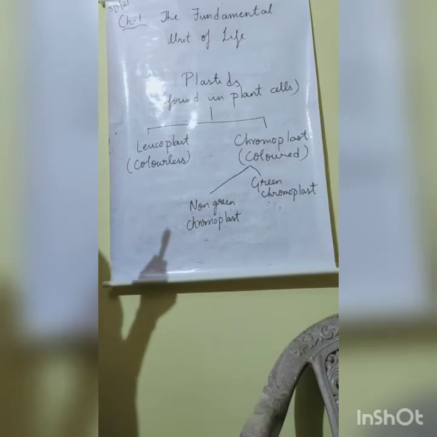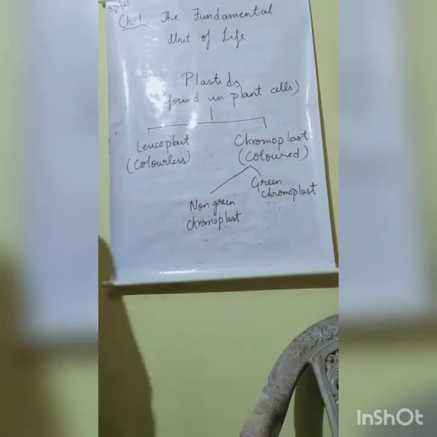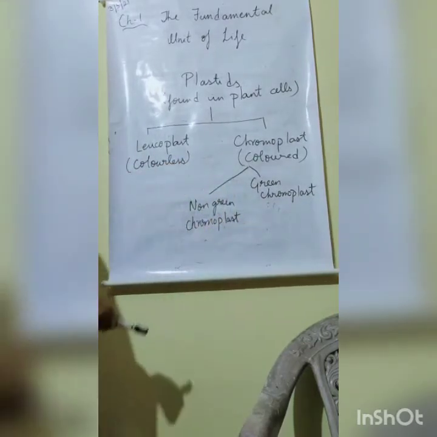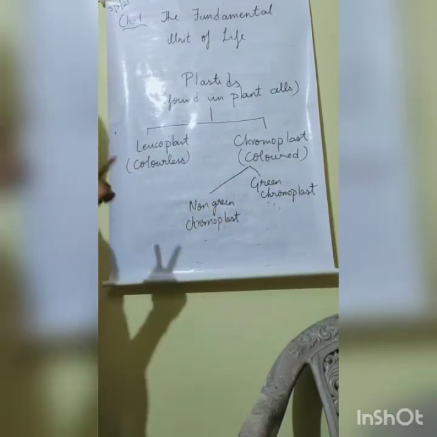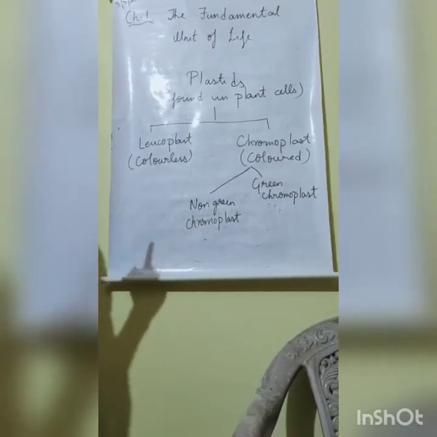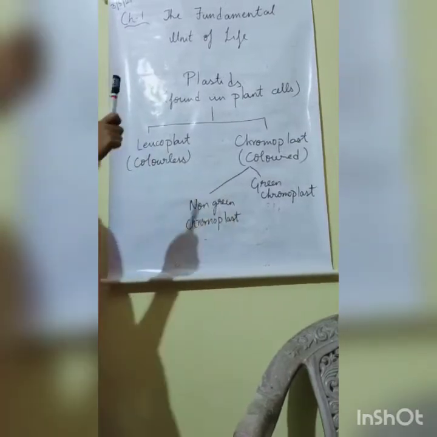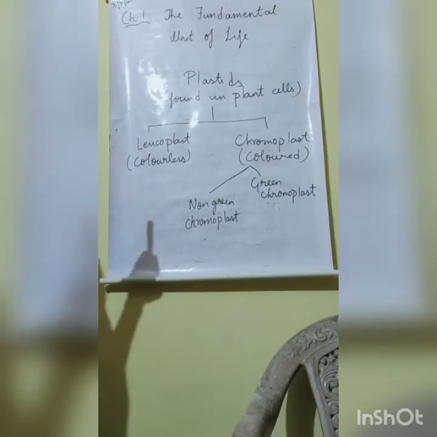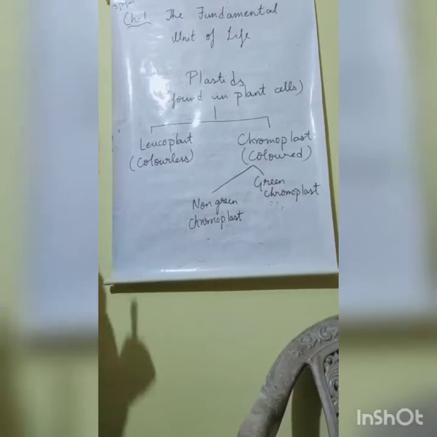We can name this green chromoplast chloroplast, because in this chloroplast chlorophyll is found. Chlorophyll is the green pigment that is responsible for photosynthesis. This chloroplast is found in higher plants and in green algae.